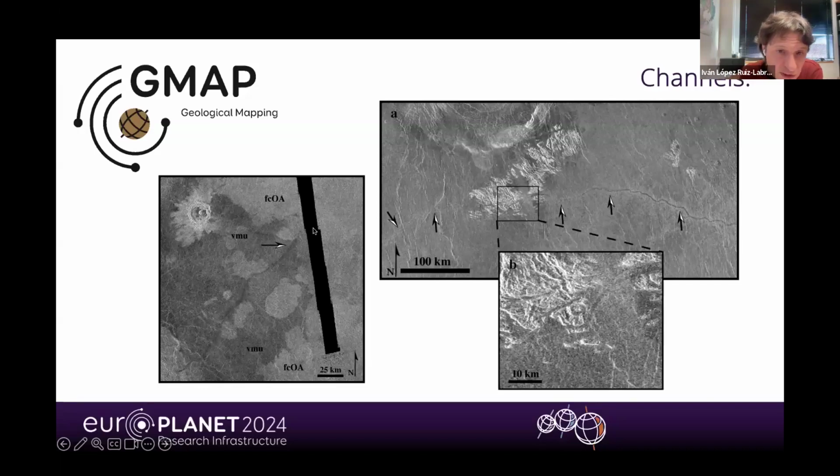We are going to use these contact relationships to establish local geologic relationships. For example, we can interpret here that these materials labeled FCOA, the name of a unit that you are going to see later, are younger and post-date this channel.